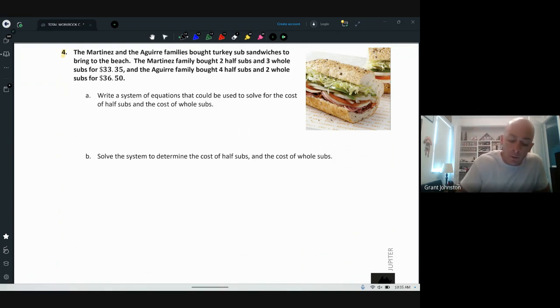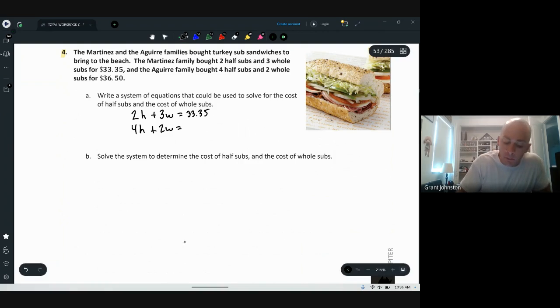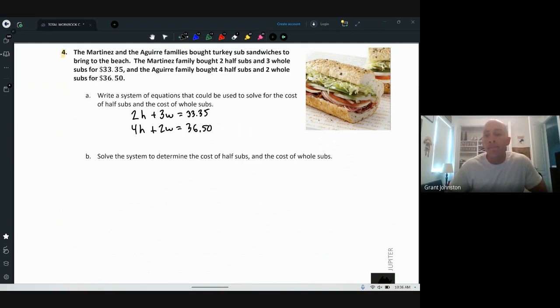I'm going to say H is the cost of a half sub and W is the cost of a whole sub. So 2 times the half subs plus 3 times the whole subs, and their total cost was $33.35. And the Aguirre family was 4 half subs and 2 whole subs, $36.50. So there's my system.